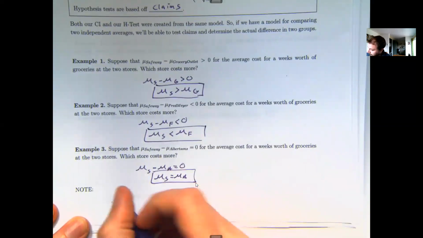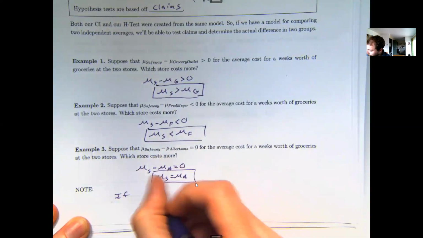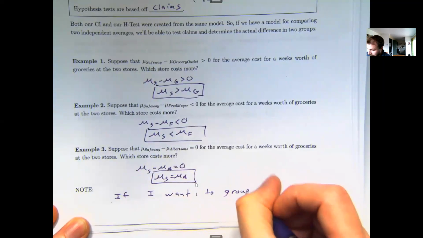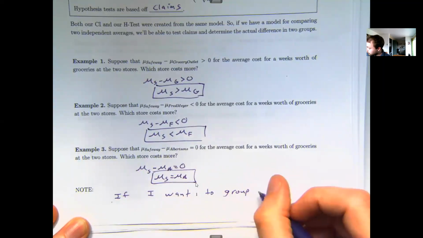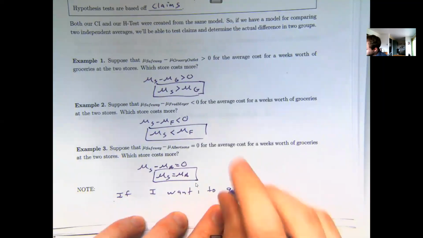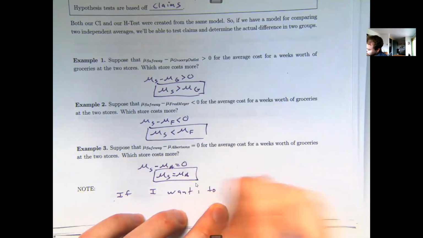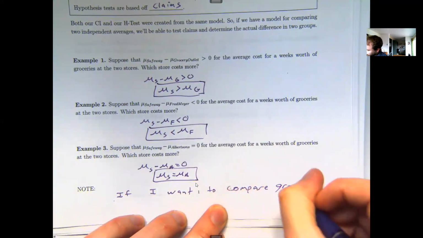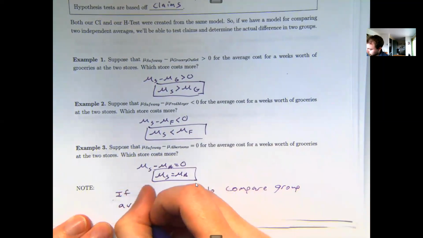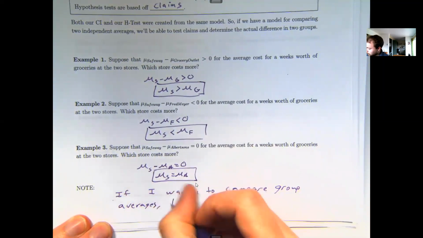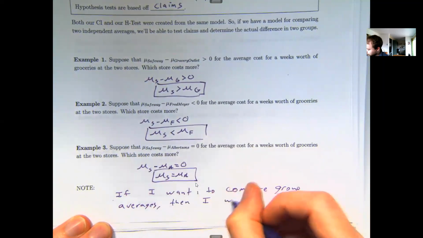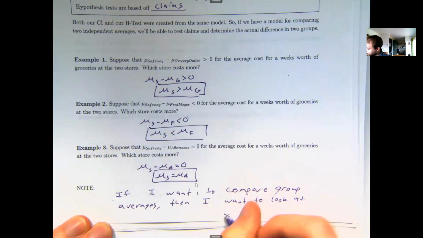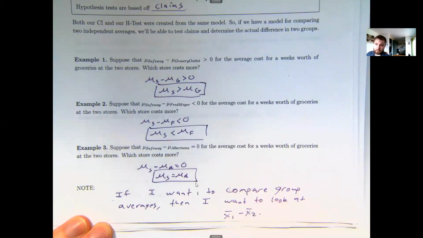And the reminder is, if I want to compare two groups, and this time I'm going to compare two group averages, then I want to look at the difference in the two averages.